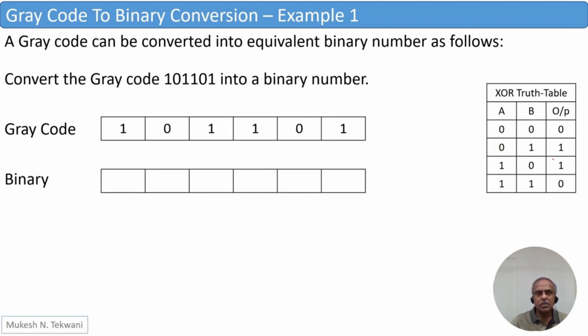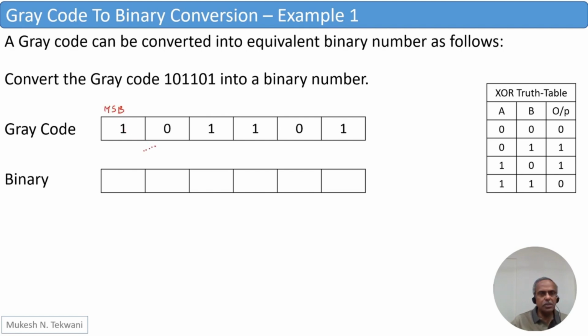Now we'll use this to find the equivalent binary value. So here is the gray code that is given to us. We write the bits 101101. Now the first step in finding the binary is we will copy down the bit 1, that is the most significant bit of our gray code.